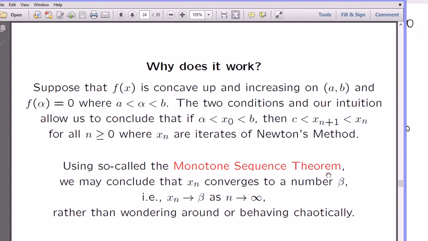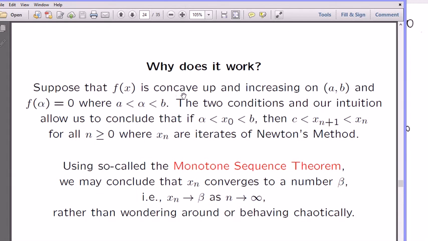We assume this f of x is not going up and down. It's a pretty simple shape, right? So there are two conditions, concave up and increasing. Which one do you think is responsible for concluding logically that alpha must be equal to beta from the Newton's method in this one here?